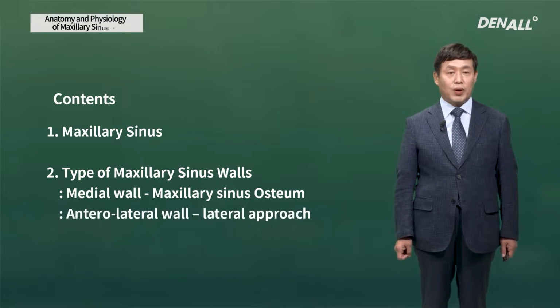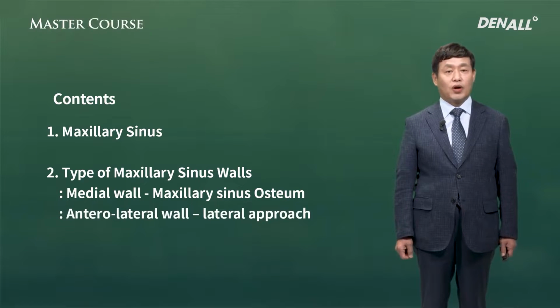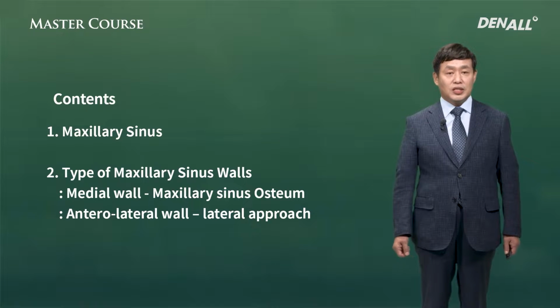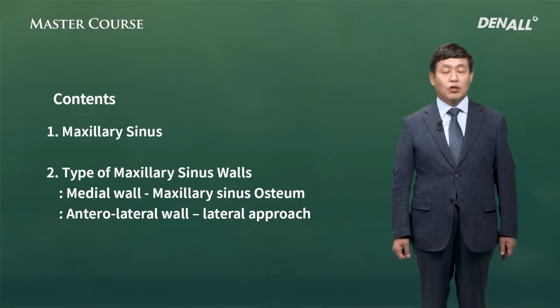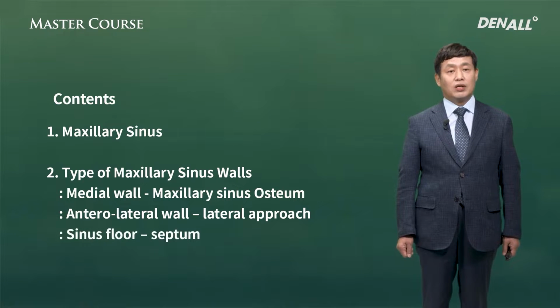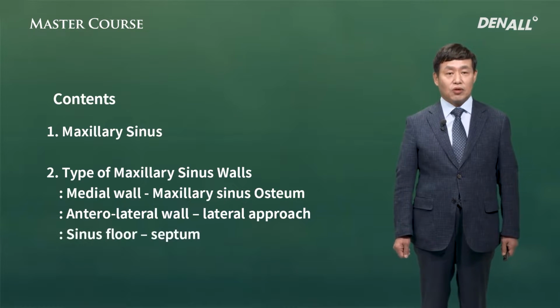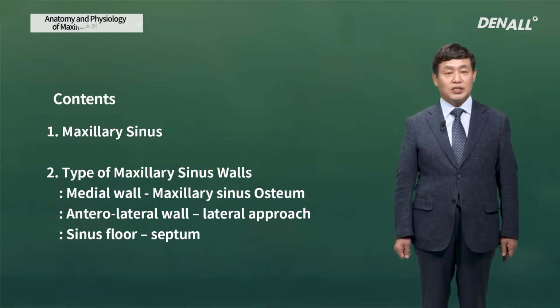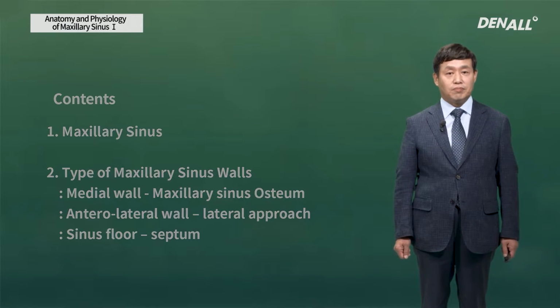And for the lateral wall, the anterolateral wall, you need to check CT images in terms of the thickness of the lateral wall for ease of surgery. Inferior wall: if you have a septum in the sinus floor, you need to identify the location and the shape of the septum. That will help the surgery.